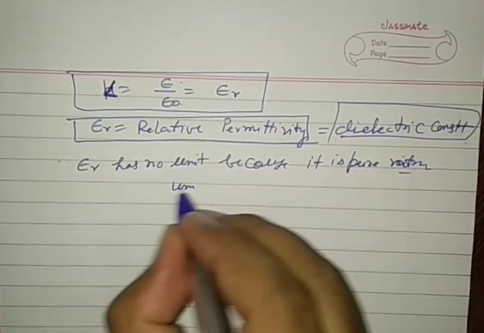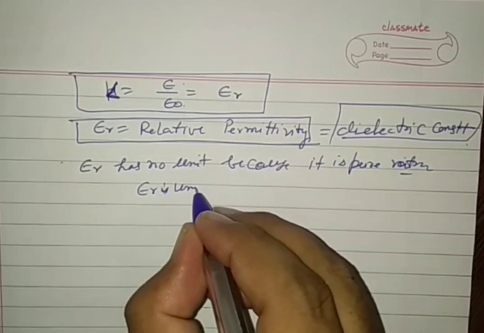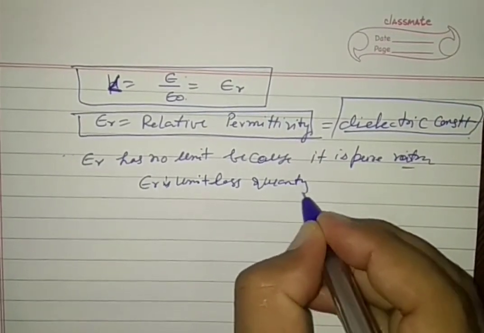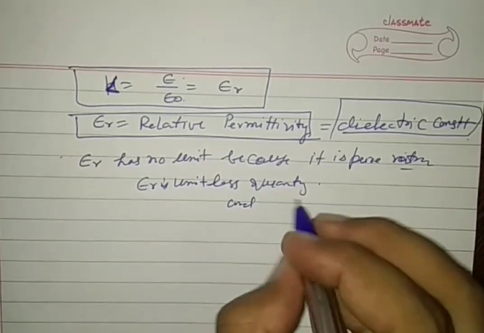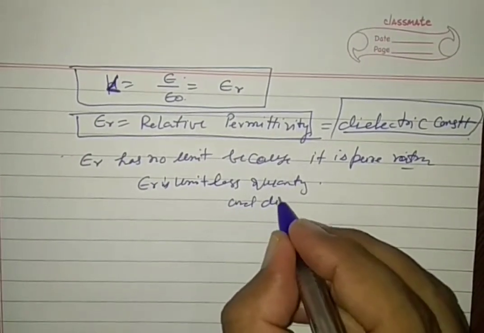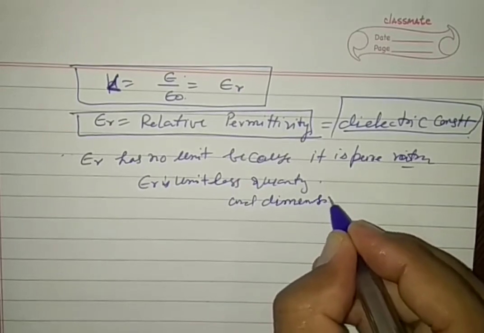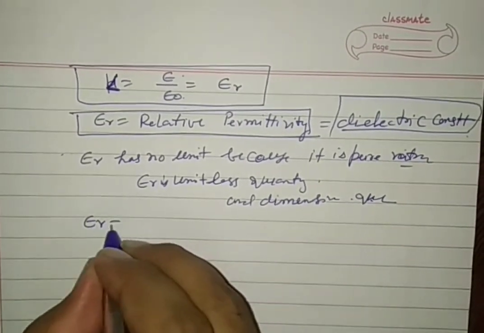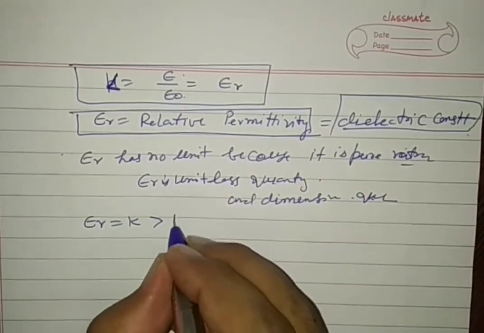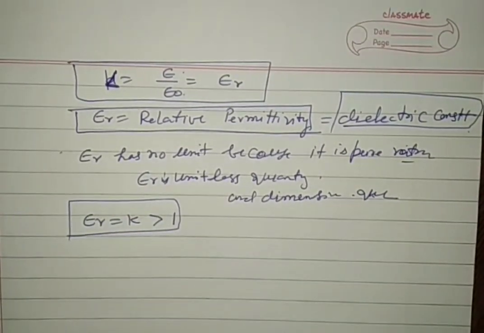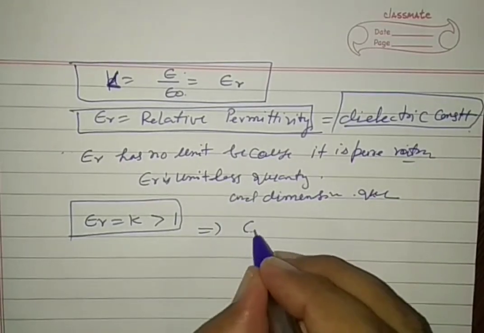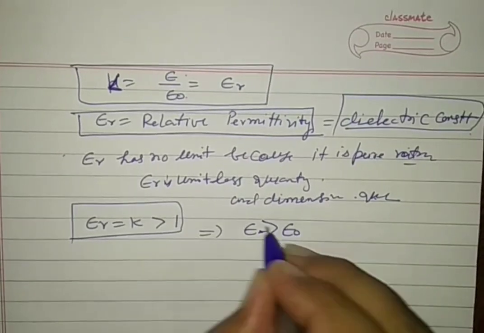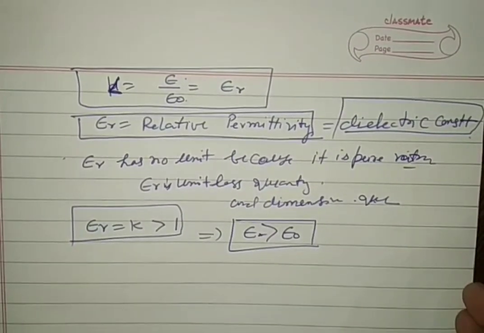So we can say epsilon r is a unitless, dimensionless quantity. Epsilon r is equal to k and its value is always greater than 1. This implies that permittivity of medium is always greater than permittivity of free space.